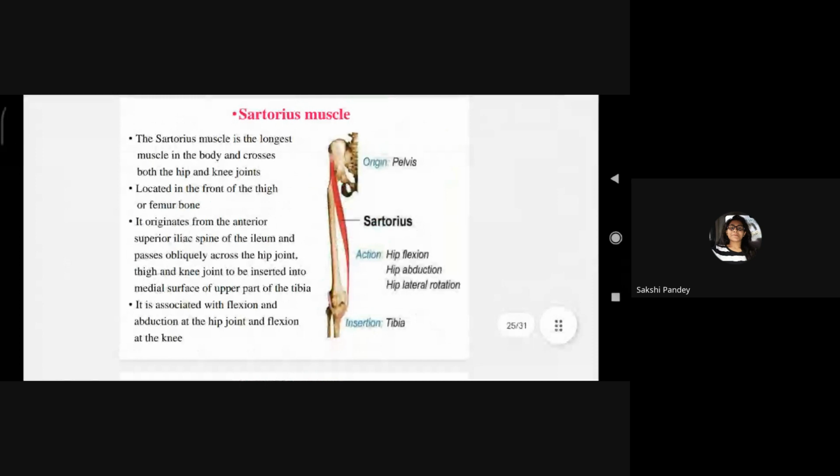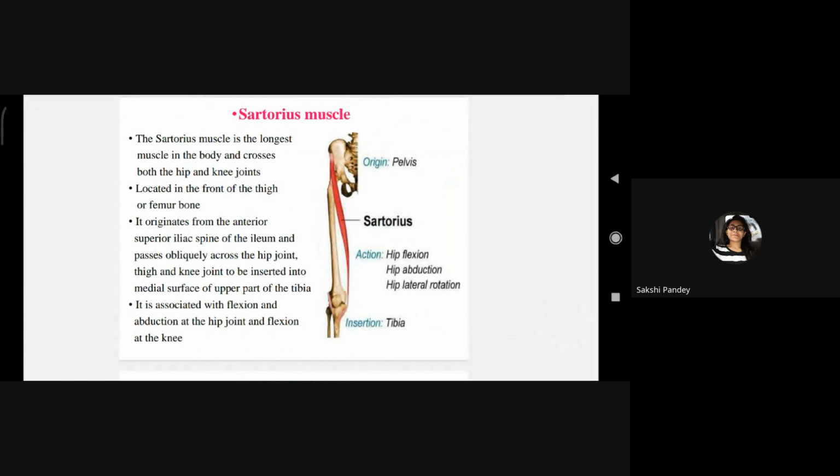The sartorius muscle is the longest muscle in the body and crosses both hip and knee joints. Okay, so this is a very important question. Which muscle is the longest in our body? The answer is sartorius. It is present in thigh, crossing both our hip joint and knee joint.